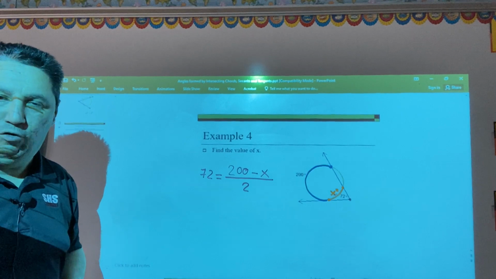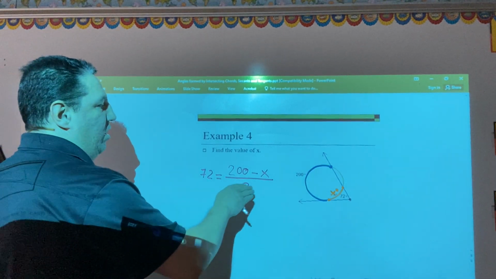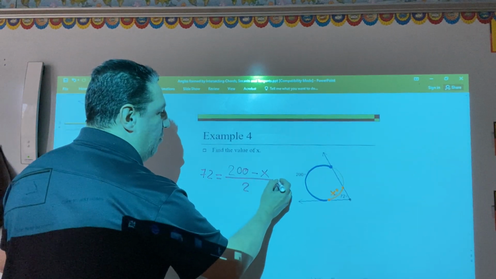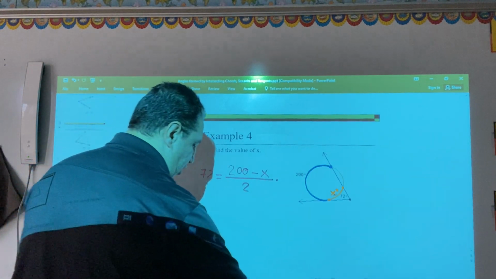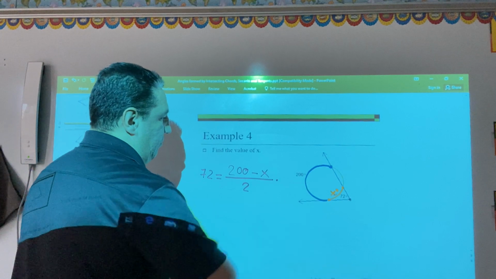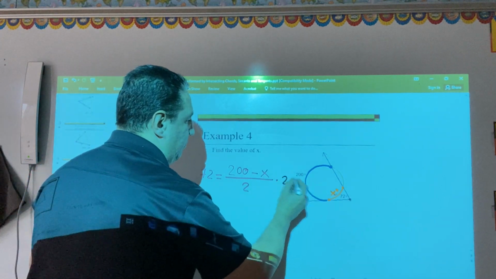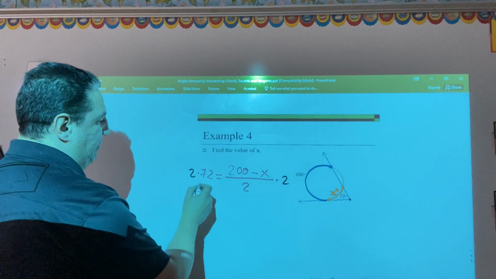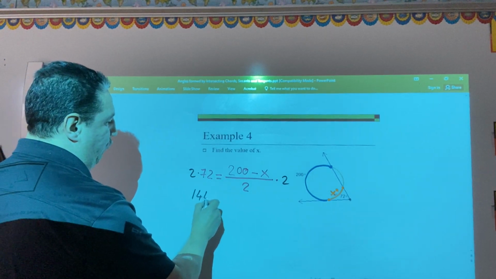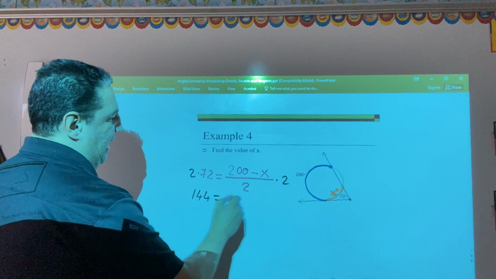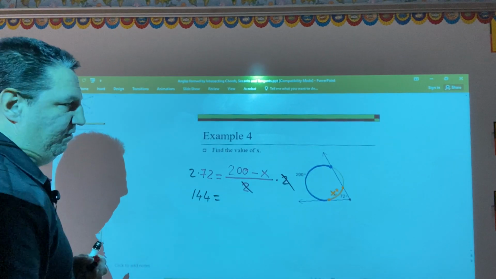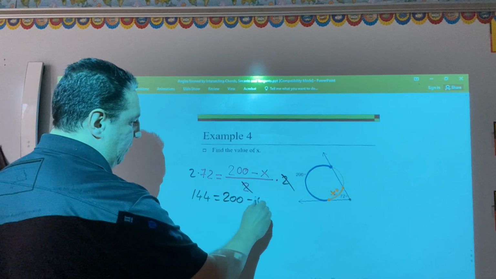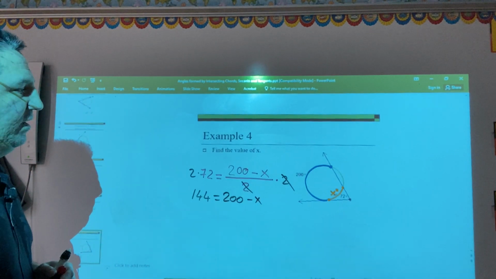We have to solve for x. Remember, we have to get rid of 2 first. We get rid of 2 by multiplying both sides by 2. So 2 times 72 equals 144. These 2 cancel out. What's left? 200 minus x. Good?